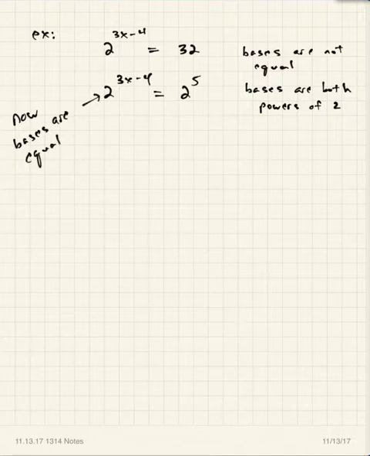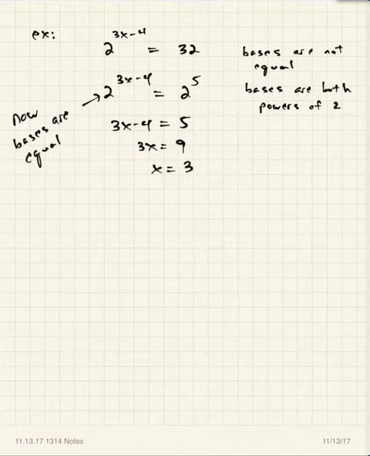And so now you can solve that equation just like we were doing on the last screen. You know that the bases are equal, so the exponents have to be equal also. You add 4, you get 3x equals 9. Divide by 3, you get x equals 3. You can check that.